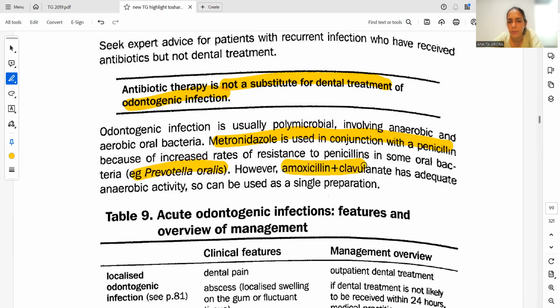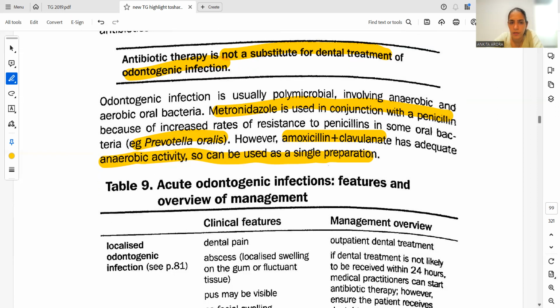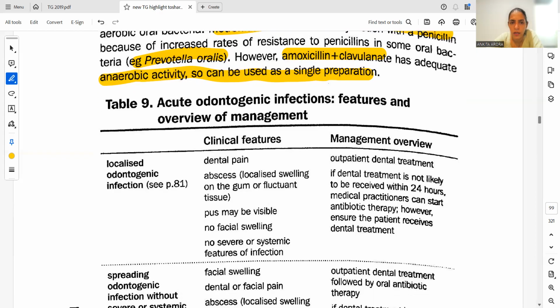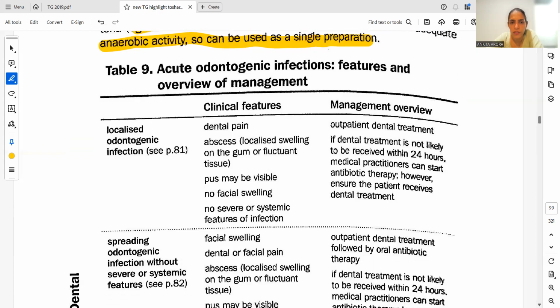However, amoxicillin plus clavulanate has adequate anaerobic activity, so can be used as a single preparation. Either we can use metronidazole and penicillin, or we can use amoxicillin-clavulanate. So we have the features and overview of management of acute odontogenic infections.